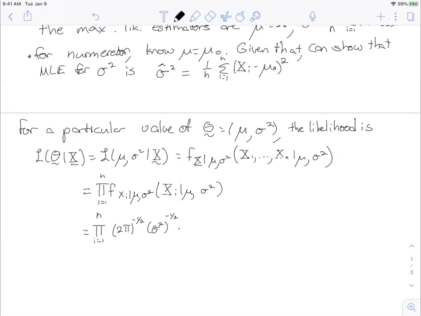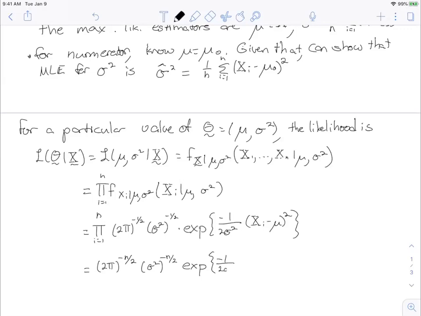And then times e to the power of negative 1 over 2 sigma squared, xi minus mu squared, which, simplifying the product, is 2 pi to the negative n over 2, sigma squared to the negative n over 2, times exp of negative 1 over 2 sigma squared.